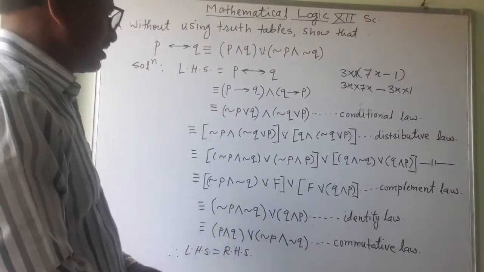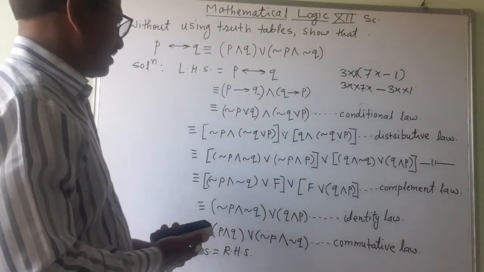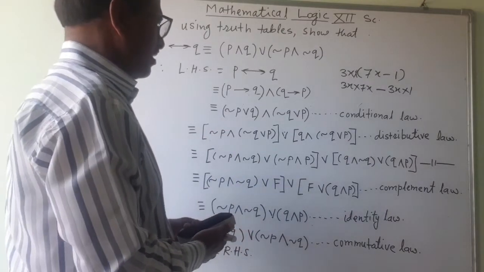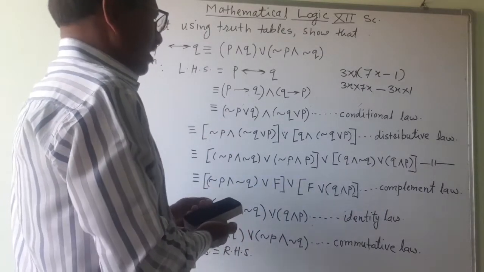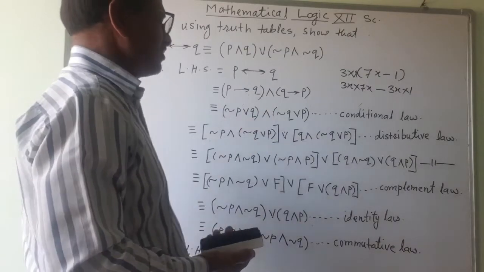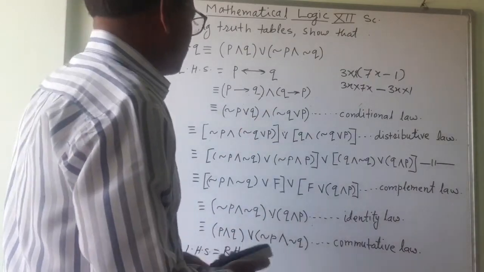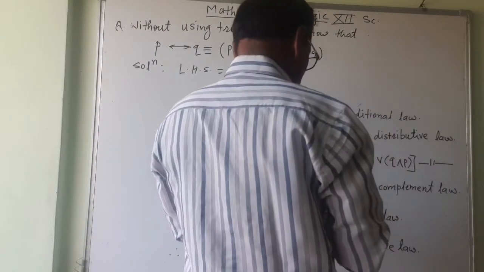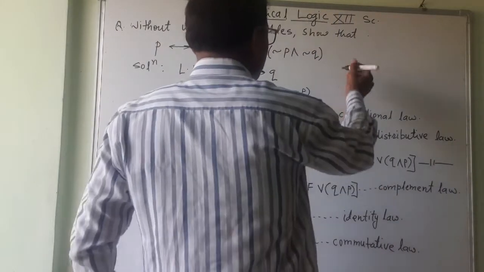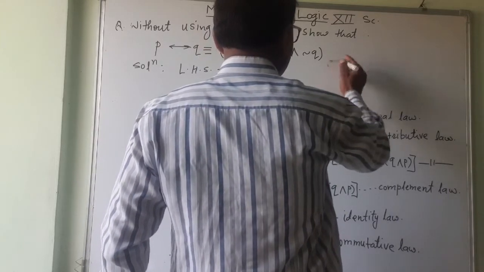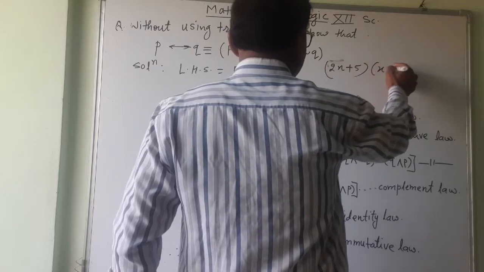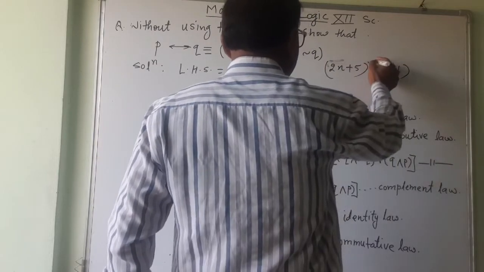Same way, look at this. This is 3x, and "and" means into. Now for this I will take another example also. 2x plus 5 into another bracket, x minus 1. Here it is into.